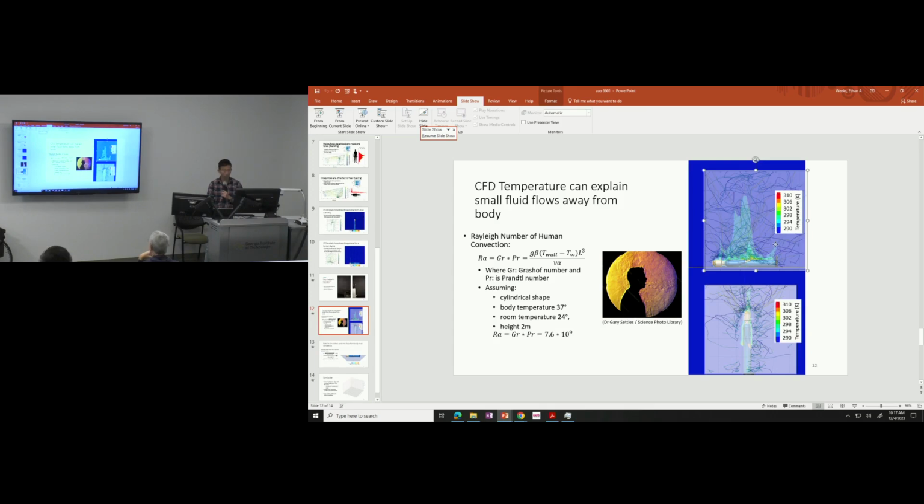Originally I had these hidden, but now we also use temperature gradient to calculate a Rayleigh number to look at the human convection. And this lines up a little better with the mosquitoes going towards the body. It shows that the convection of the human body releasing temperature to the air is pretty strong: the buoyant forces dominate over the viscous forces, causing a lot of convection heat transfer to happen and creating these fluid flows.